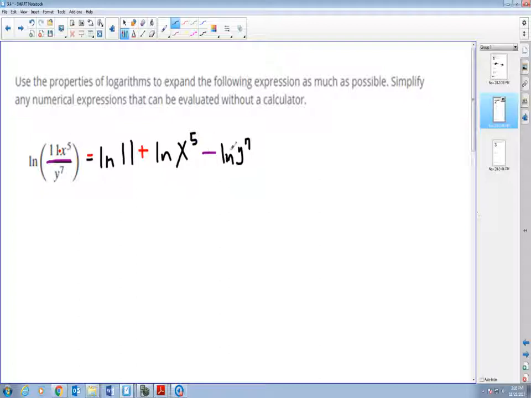Whenever I have exponents, I can bring those exponents to the front of my term, and that becomes multiplication. That's called the log of power. So what I will end up with is natural log of 11 plus 5 times natural log of x minus 7 times natural log of y. That is expanding as much as I can.